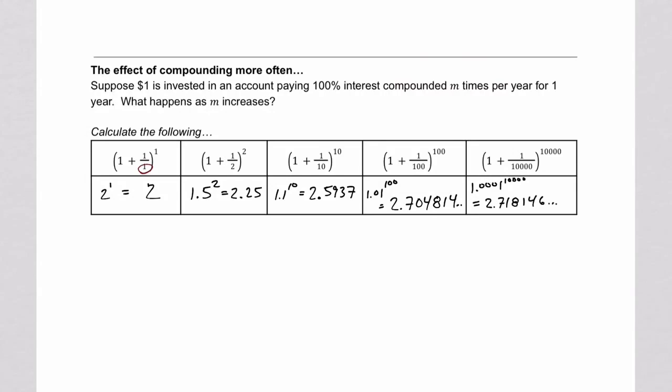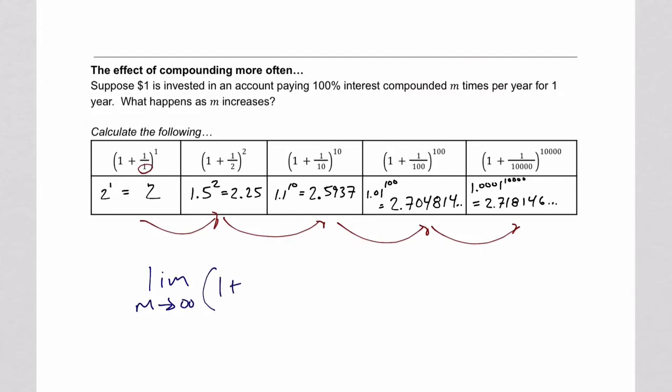So if you think about the pattern that we're seeing, the values are getting larger as m increases, but the amount of the jump is certainly kind of slowing down. And we can think of this as a limit problem. In fact, we're looking at the limit as m goes to infinity of the calculation 1 plus 1 over m raised to the m power.